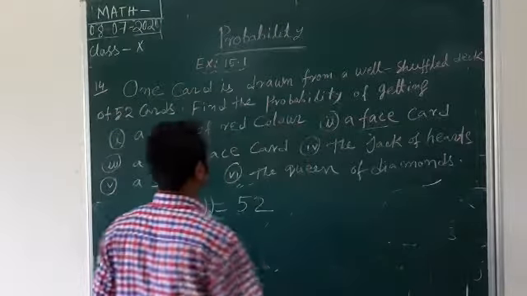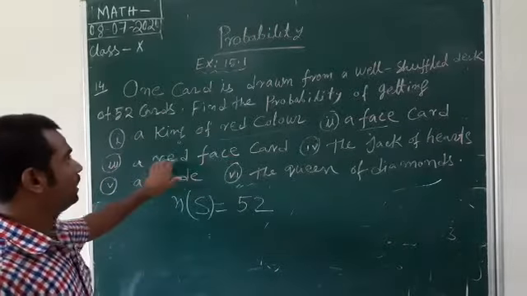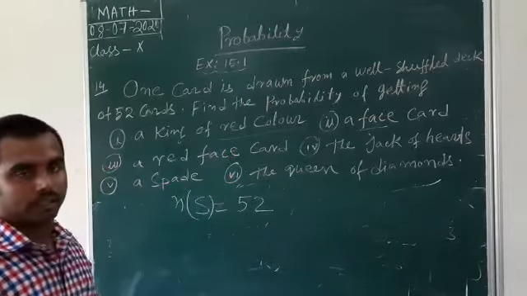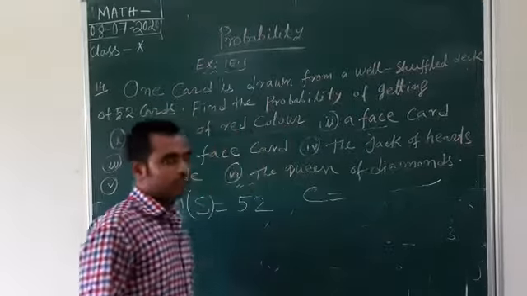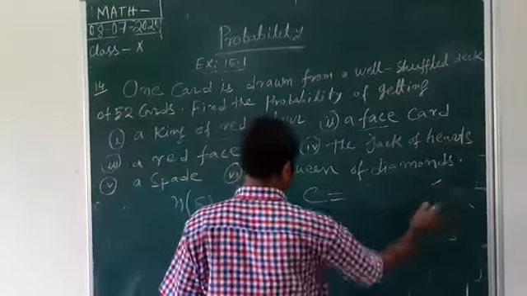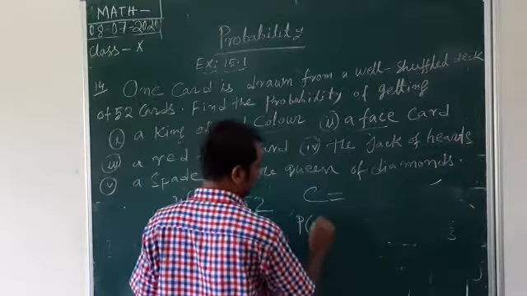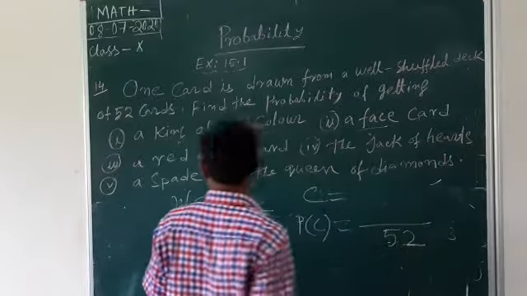Next, a red face card. How many red face cards? Suppose you write event C, getting a red face card. Then the probability of C: the lower part is fixed at 52.